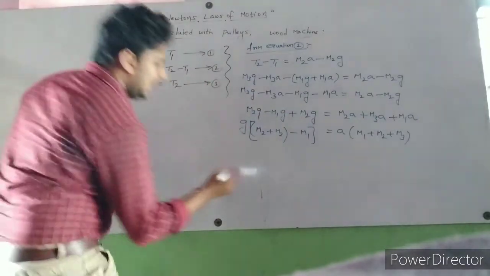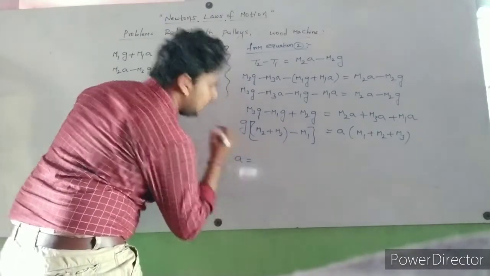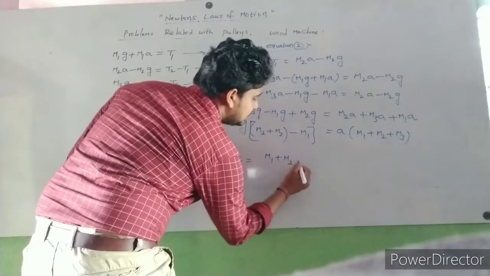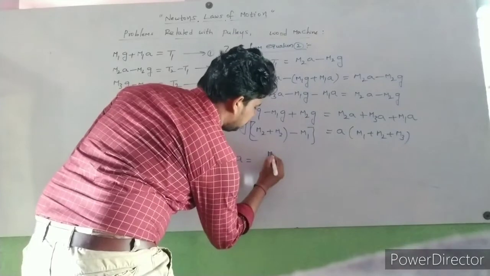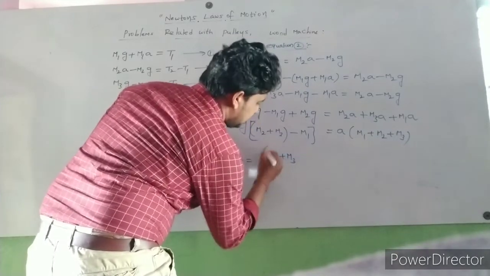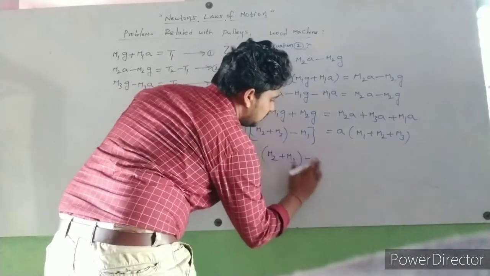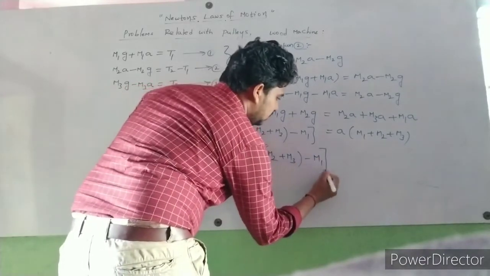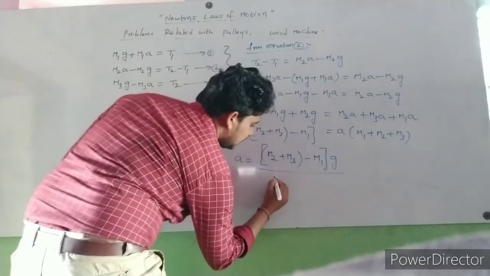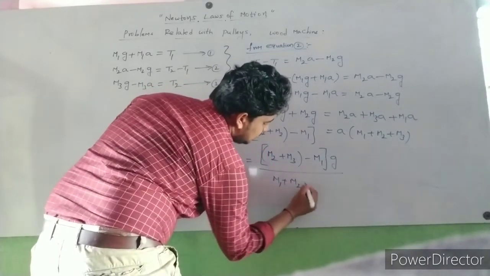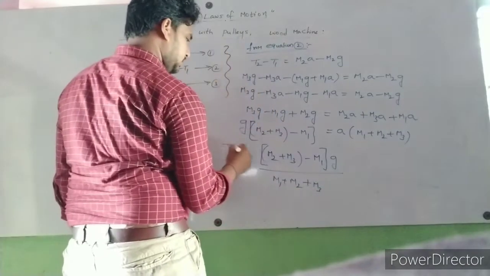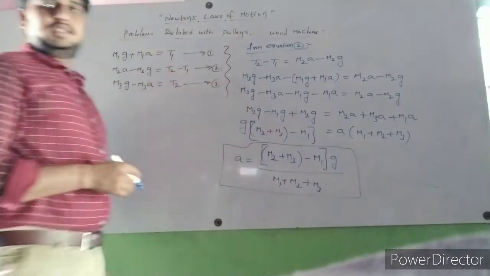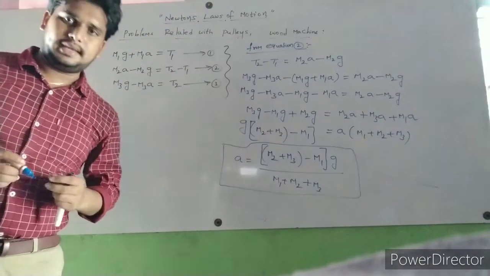So from this, acceleration A is equal to M2 plus M3 minus M1 into G by M1 plus M2 plus M3. So this is acceleration A.